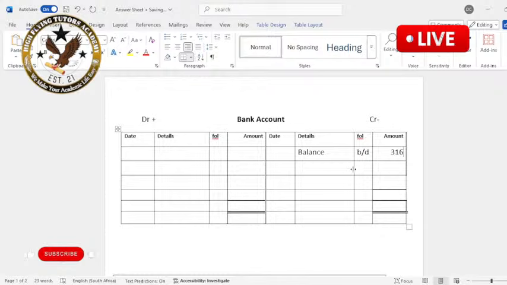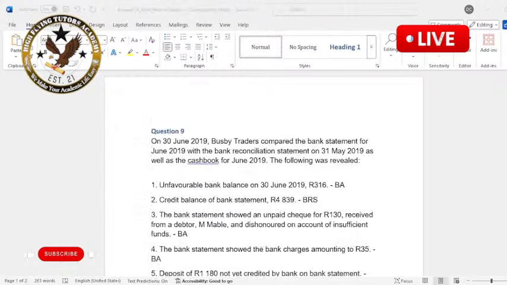So let's go back to our question again for the next transaction. So our next question says credit balance of the bank statement. So that is a favorable balance of the bank statement. So it must go to the credit side of the bank reconciliation statement.